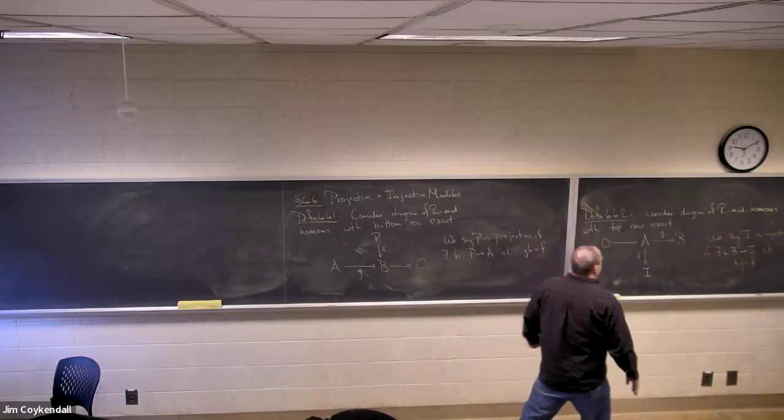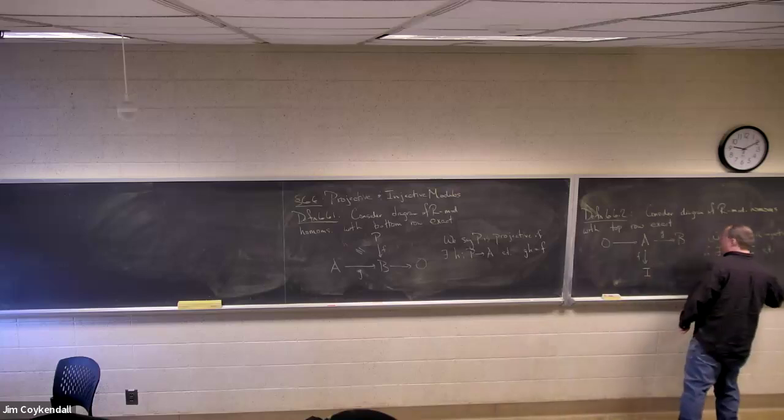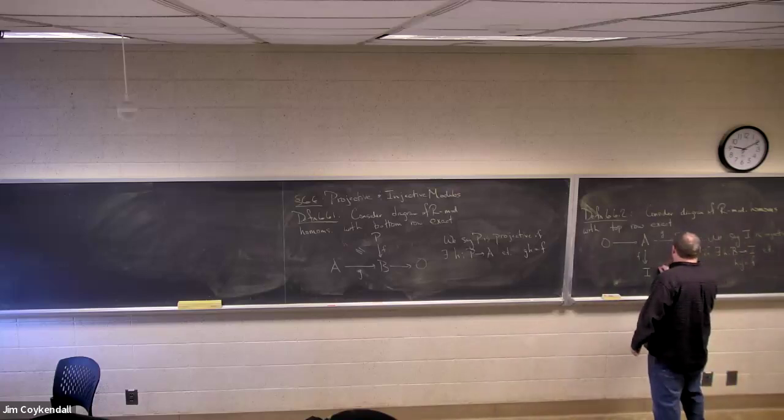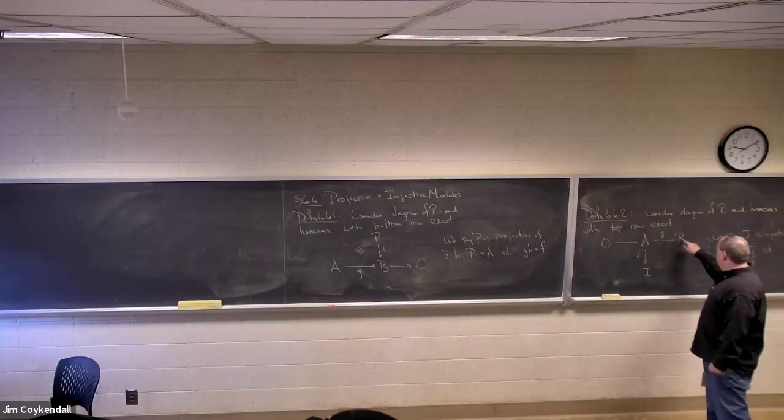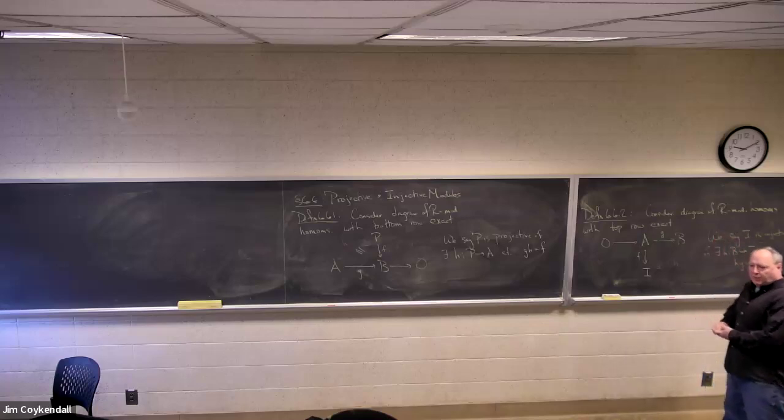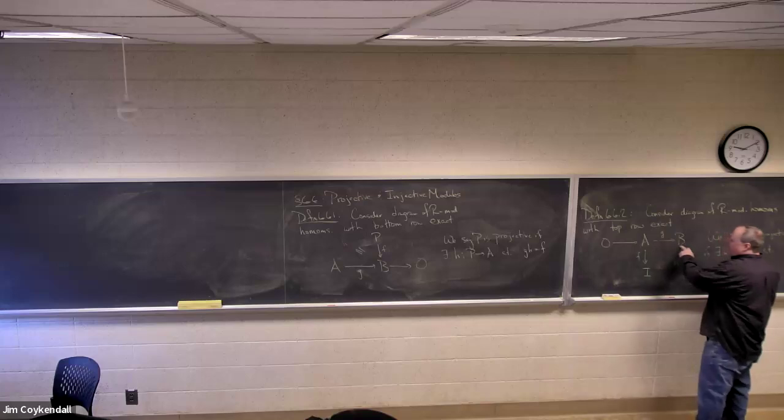So this time it's kind of a mirror image. It works this way. G, H, I. So think this way, when I is injective, you can think of A sort of as a submodule of B, right?